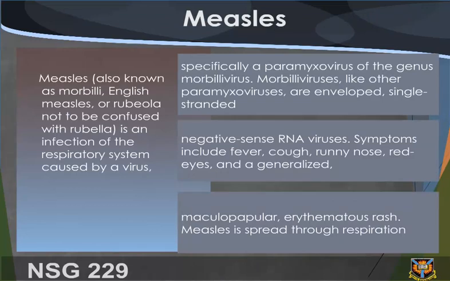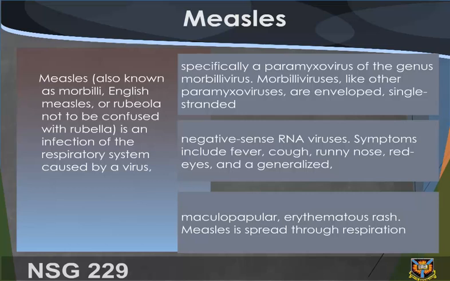Measles. Measles, also known as morbilli, English measles, or rubeola, not to be confused with rubella, is an infection of the respiratory system caused by a virus, specifically a paramyxovirus of the genus Morbillivirus.